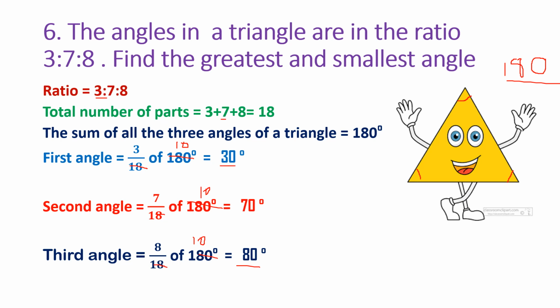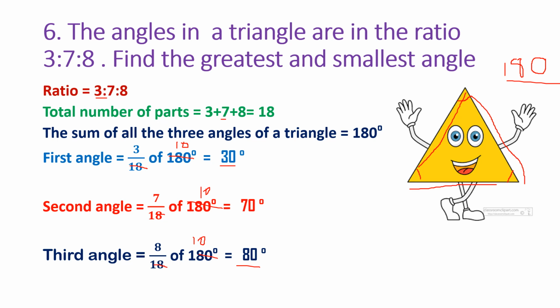In the next question, they have given us seventh question. When you look at it, the ratio of three sides, that is the length of this side and this side and this side, these three sides are in the ratio 3 is to 2 is to 4. The perimeter is given as 27.